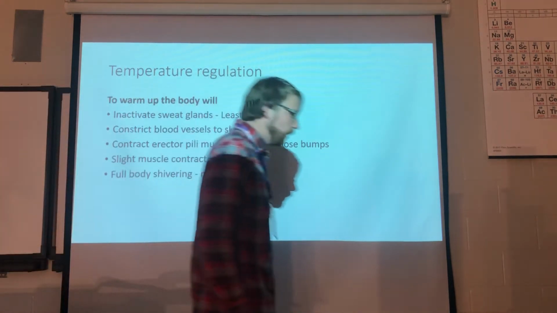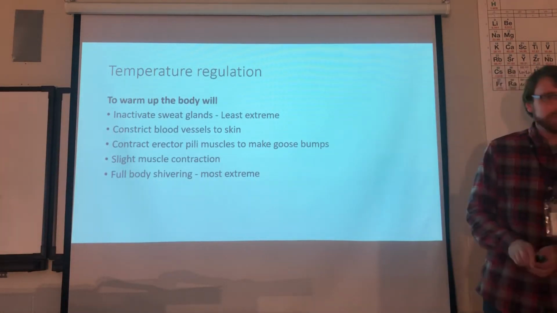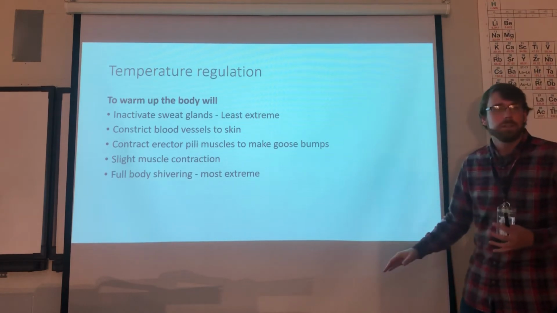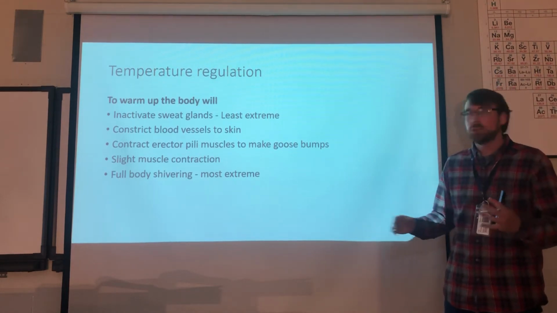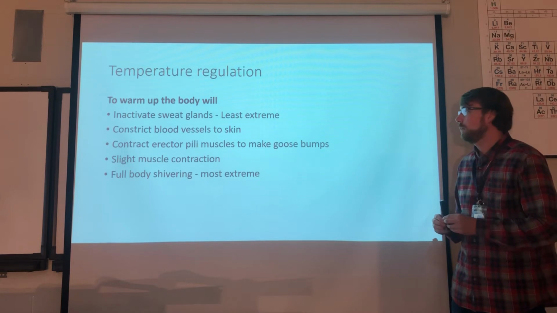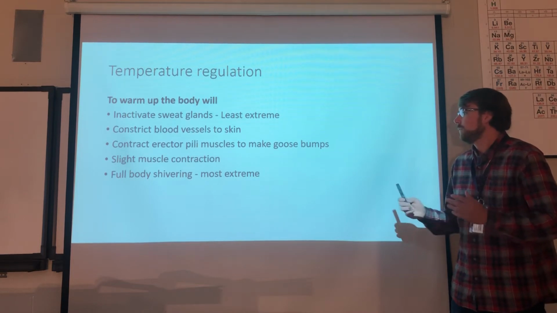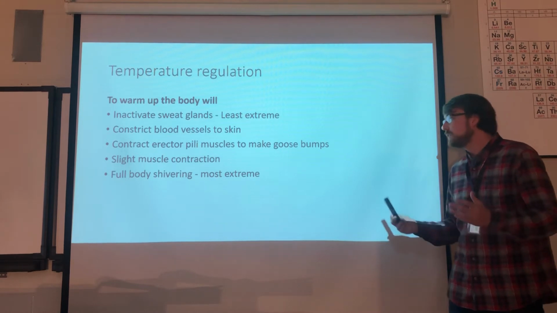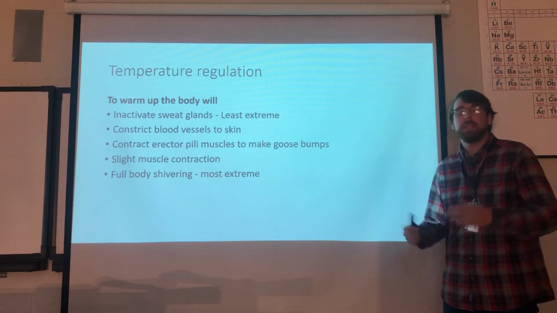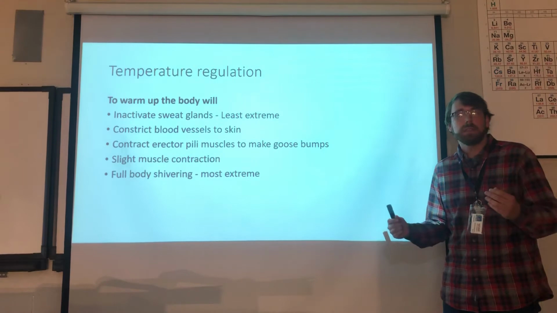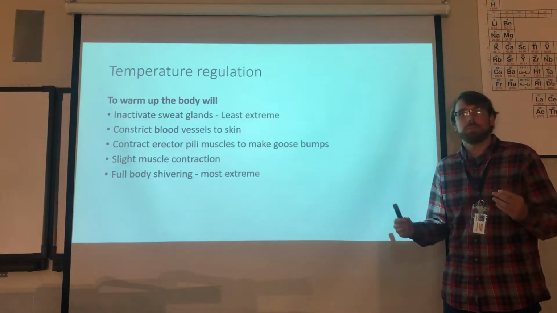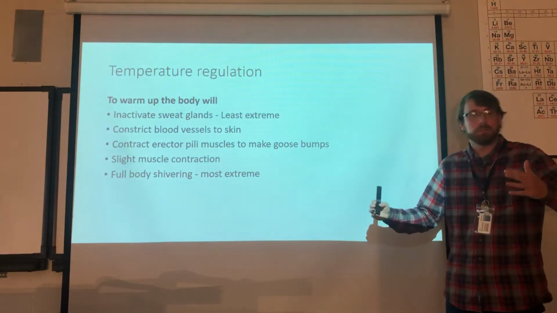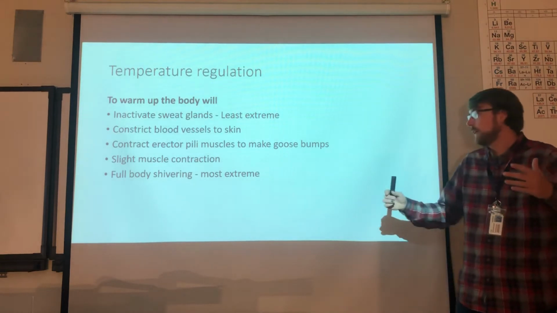So starting with warming up, your body sort of has a set list of things that it goes through if it is trying to warm up. So the first thing, which is the least extreme thing that it can do, is just inactivate your sweat glands. If you're getting too cold, then you shut your sweat glands down. You don't need to be excreting sweat.